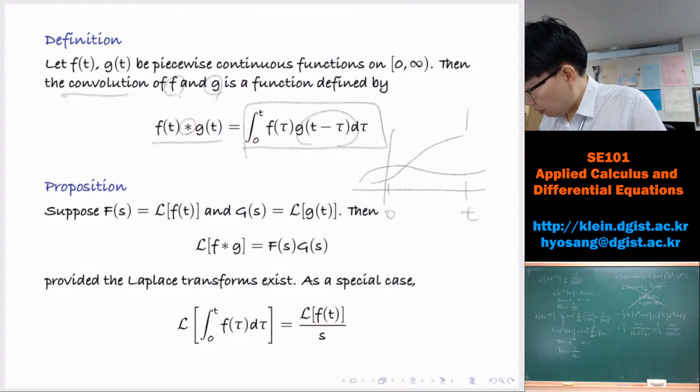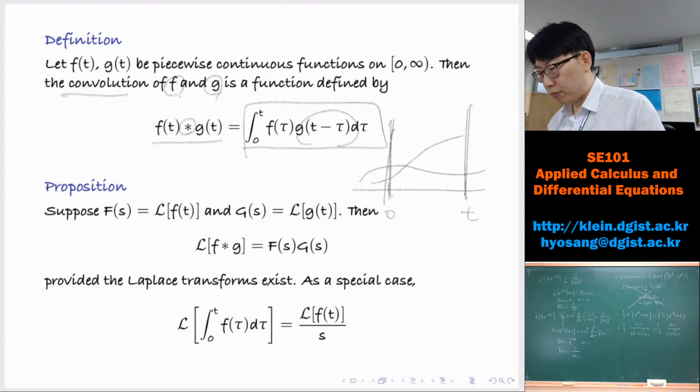So you're simply looking at the functions on this interval, and then try to multiply your function f of t from this direction and g of t from this direction, and then integrate from 0 to t. So when tau becomes t, then your g of t is at the position 0, and f of tau goes to t. So this is a convolution.